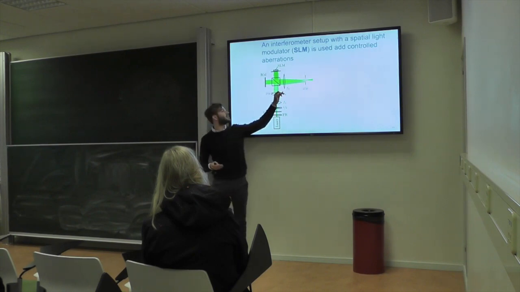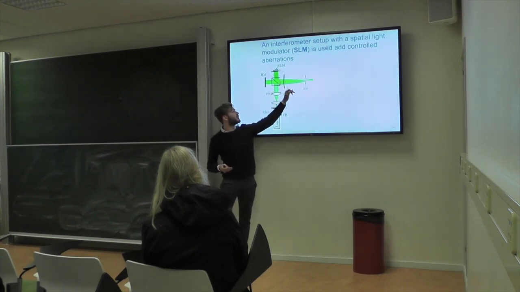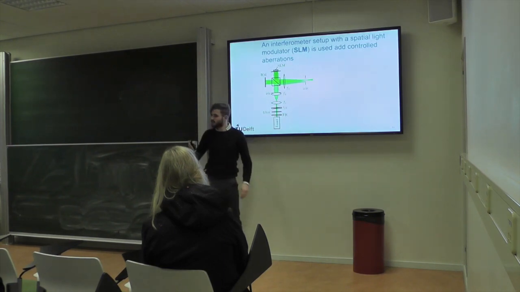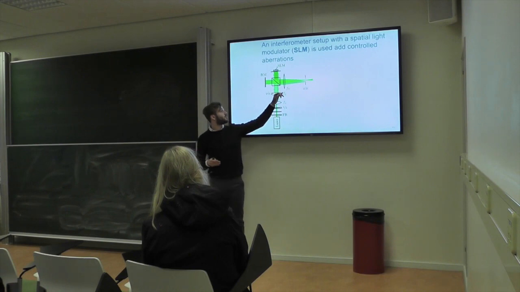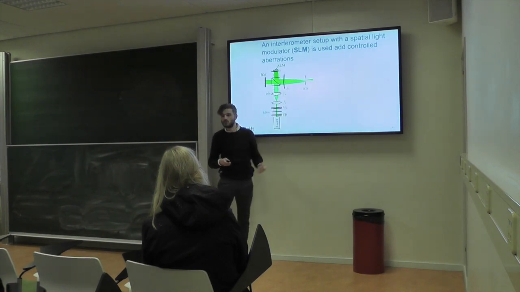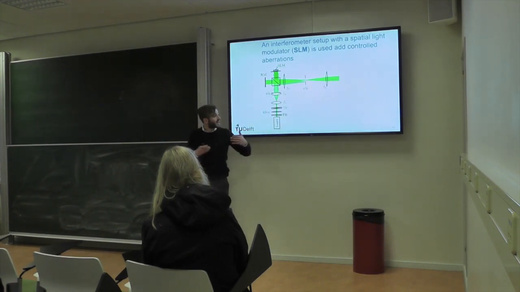This is done by focusing the unaberrated light on the plane of an iris, but not in the center, so that it's physically blocked, while the aberrated light goes through the iris. A last lens is used in order to collimate the light again. After this, there is a Shack-Hartmann sensor, denoted with SH, and an interferogram camera. This interferogram camera can be used to directly see if the aberrations are added correctly.